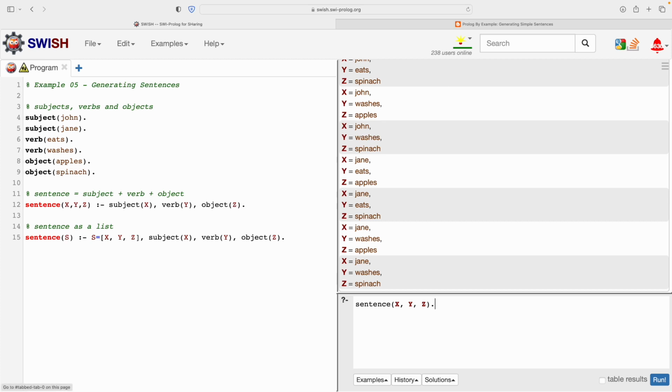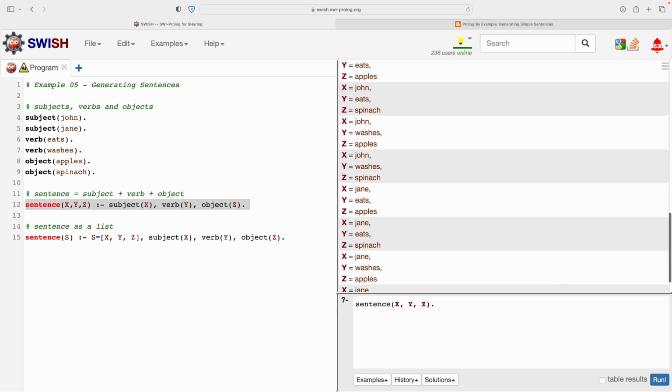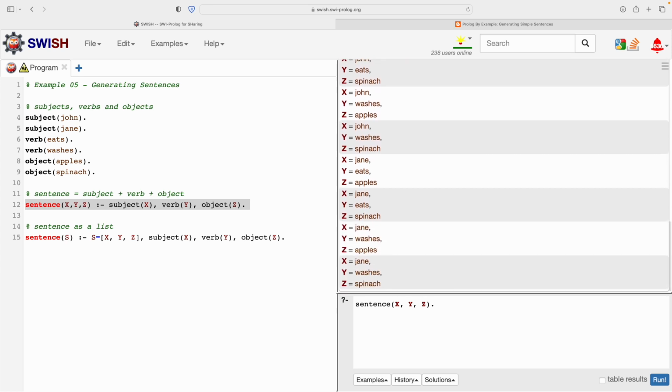So just with a list of vocabulary and one rule, we've generated 8 sentences, and that's all the right combinations there. Just a small point on style. XYZ is fine, but it can be more informative and easier to read if we use better words like subject, verb, and object.